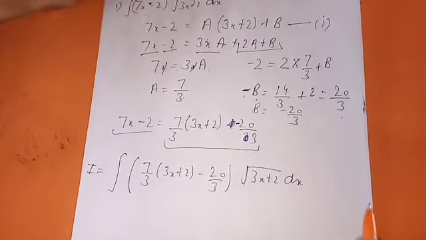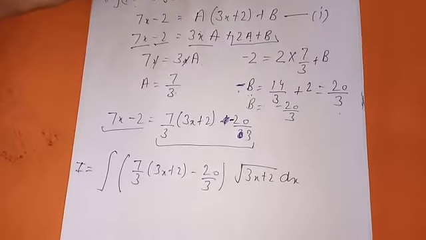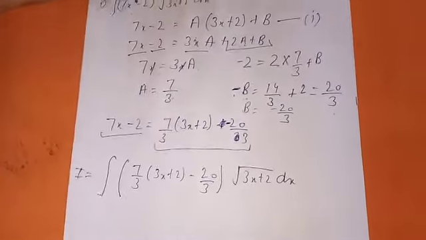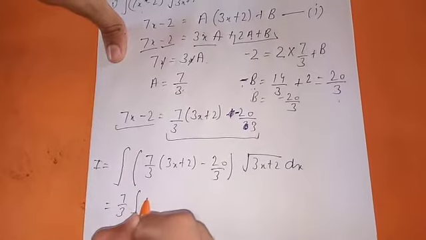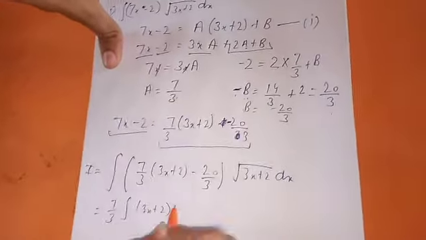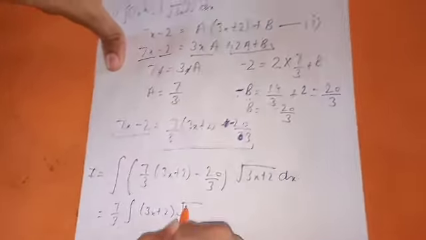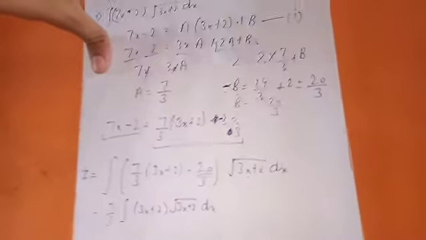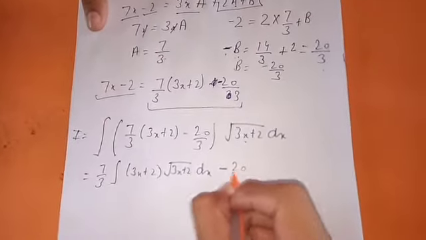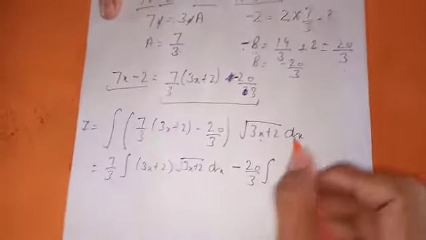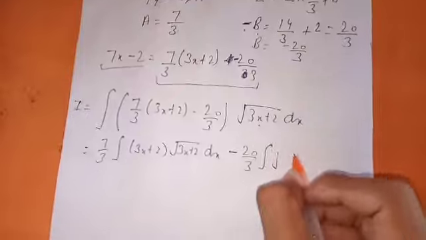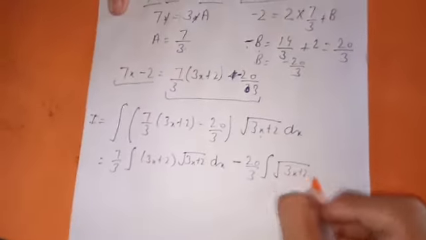So now this will be 7 by 3 integration of (3x plus 2) dx, we have multiplied this inside the brackets, minus 20 by 3 into the integration of root of (3x plus 2) dx.